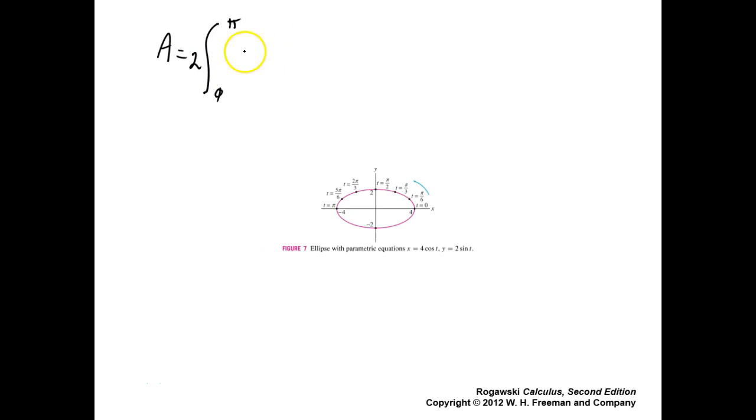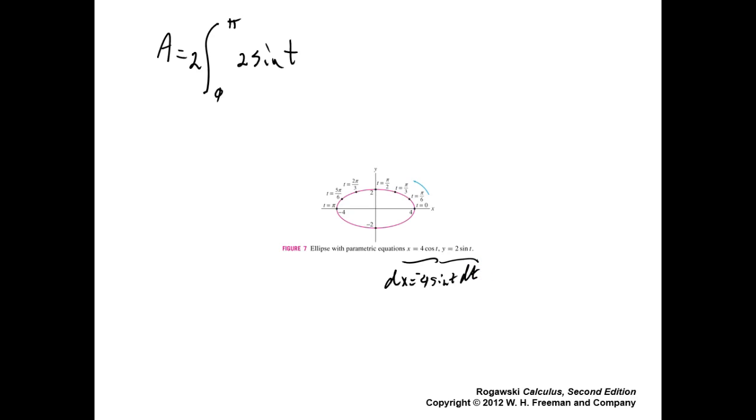Our parametric equations then was, here is the y, so that's going to be 2 sine t, and then your dx is equal to what? If x is equal to 4 cosine t, what is your dx? I think it's going to be minus 4 sine t dt, right? Because the derivative of cosine is minus sine.